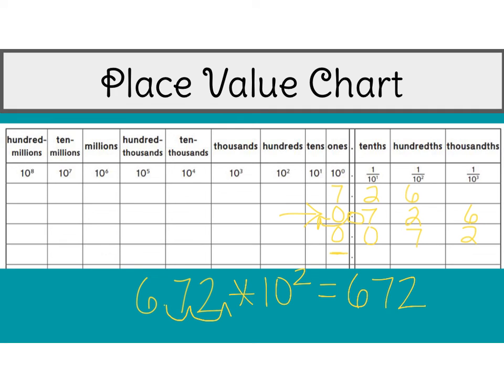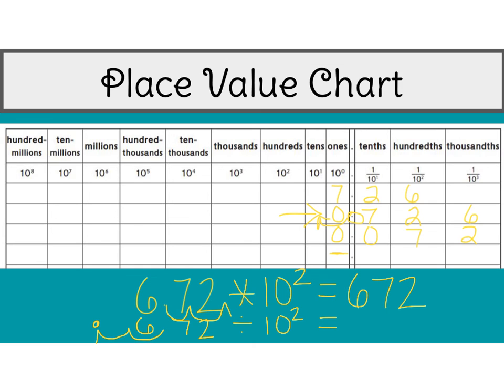But if I were dividing that, so let's take that same number and we're dividing by 10 to the second power. Instead of moving my decimal to the right, for my number to get bigger, it's going to go to the left. So it's going to go 1, 2.